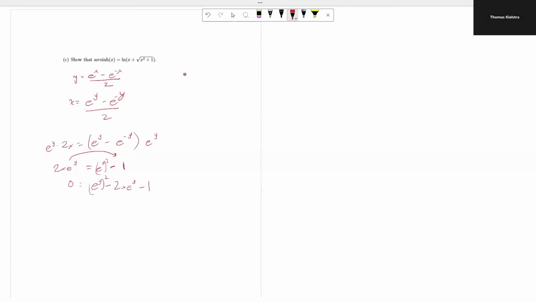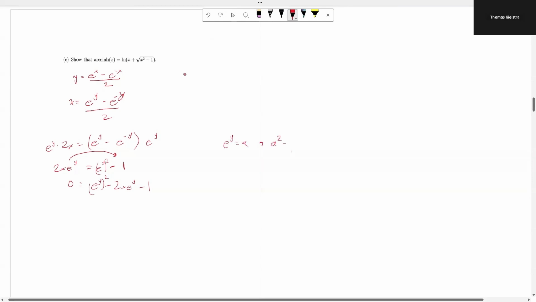But now, if we let e to the y equal a, then we have a squared minus 2xa minus 1, which is a quadratic. So we can solve it using the quadratic formula.